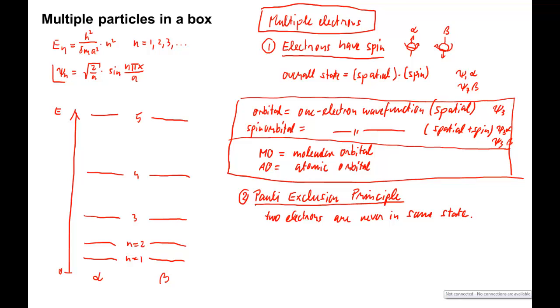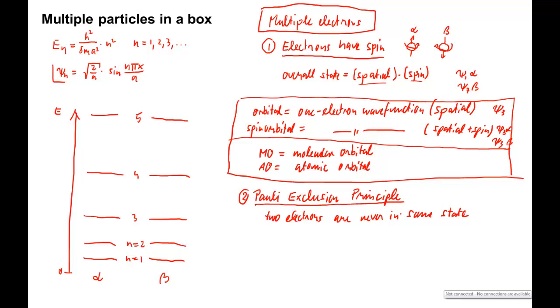This is a fundamental principle of nature and it cannot be derived. It is consistent with all experiments though. Essentially, what it means is that if you have two electrons, their overall state wave functions must differ either in the spatial or in the spin part. They cannot have the same spatial and the same spin part.